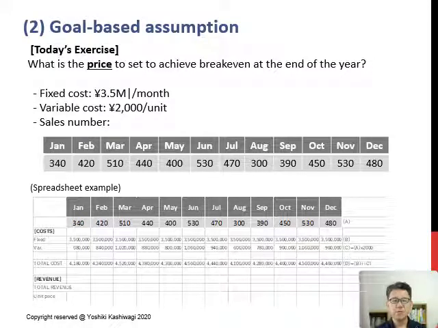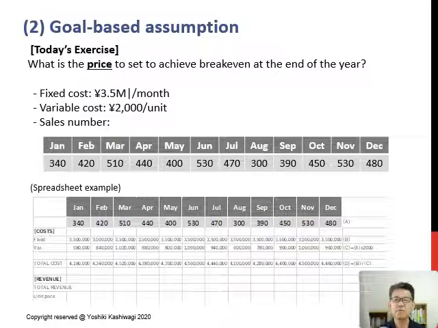And you can see my spreadsheet example for your reference. But again, you can make your own spreadsheet and calculation formula. As you can see on the top, you can see the fixed cost amount every month and variable cost, which is calculated by multiplying the number of sales times the variable cost per unit.